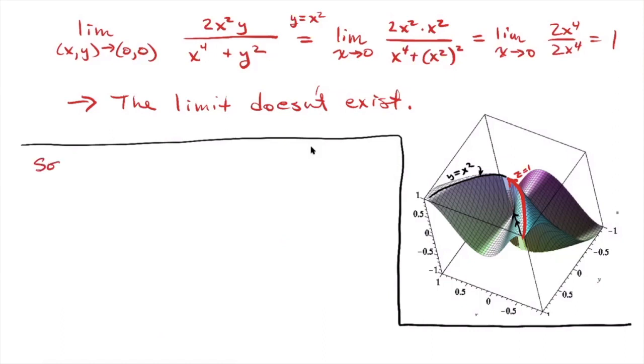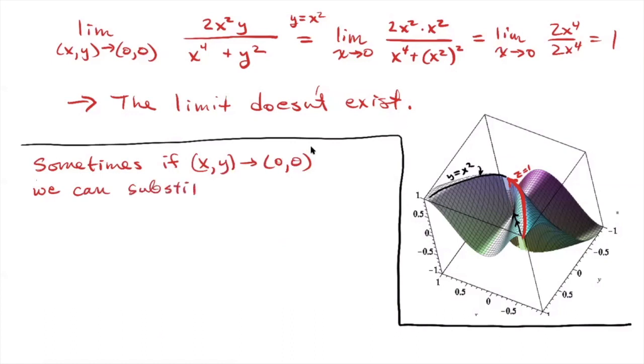So sometimes, if x, y approaches 0, 0, we can substitute x equals r cos theta and y is r sine theta. So basically you put it into polar coordinates.